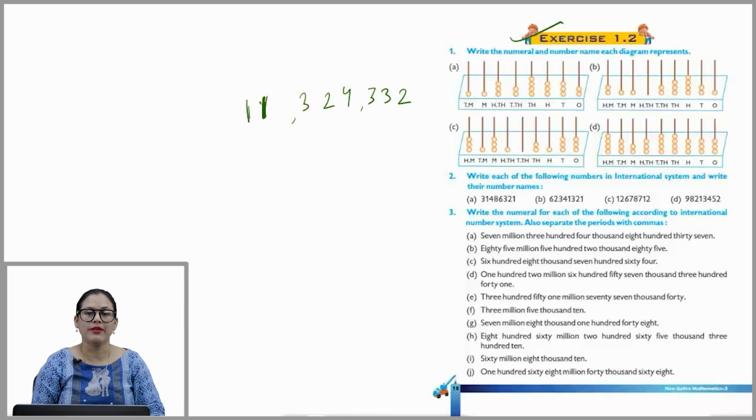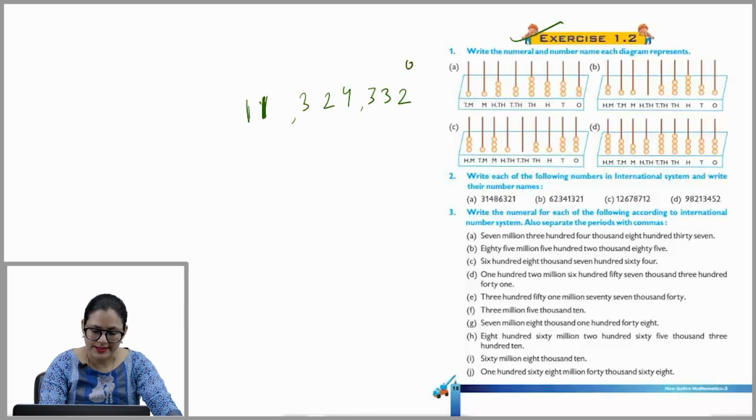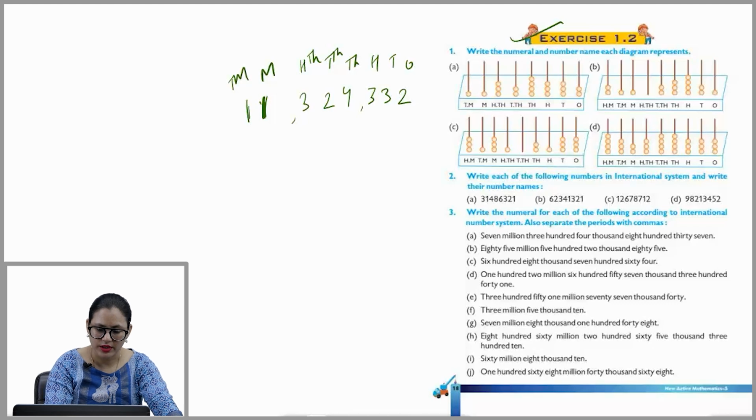So now we have written the numeral. Now we'll write the number name. So ones, tens, 100, 1000, 10,000, 100,000, million, 10 million. This is 11 million.